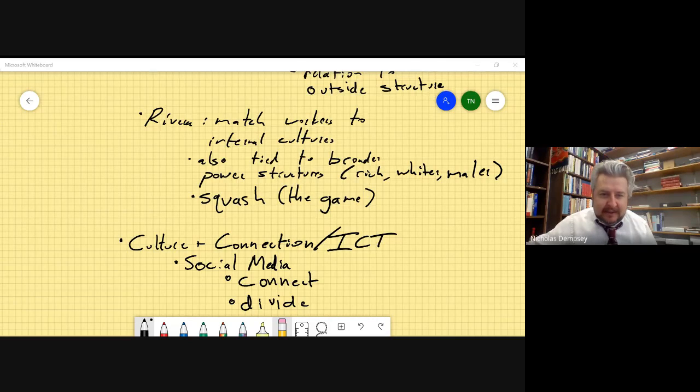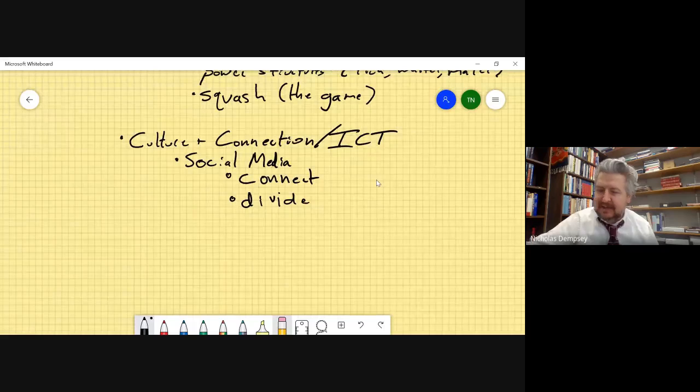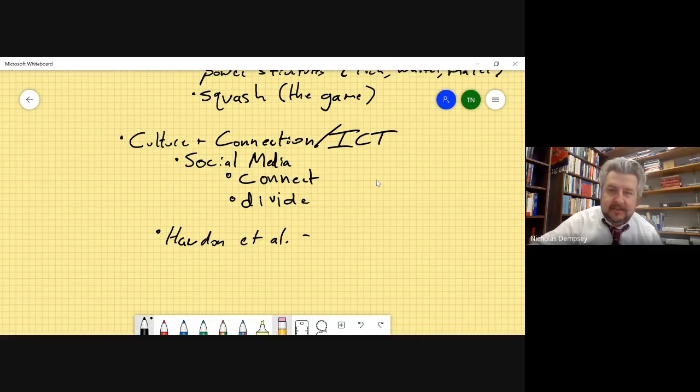And right, so that power divide, I think, is particularly seen in the Hawden et al. article, right, about online extremism.